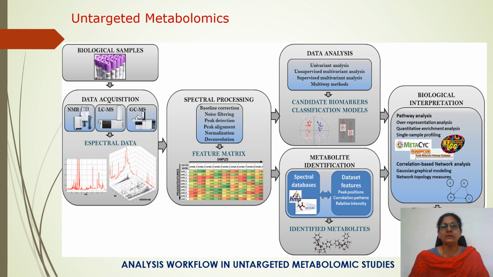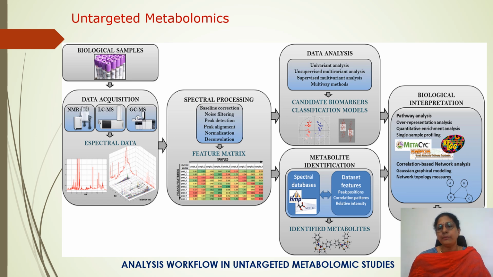So spectral processing, like baseline corrections, noise filtering, peak detection, peak alignment, normalization, and deconvolution, these are very important. So a feature matrix of the samples can be generated from here. And then coming to data analysis, as I mentioned just now, whether we are going for univariate analysis or multivariate analysis, here also unsupervised and supervised multivariate analysis are there, two types, and multivariate methods, candidate biomarkers, classification models.